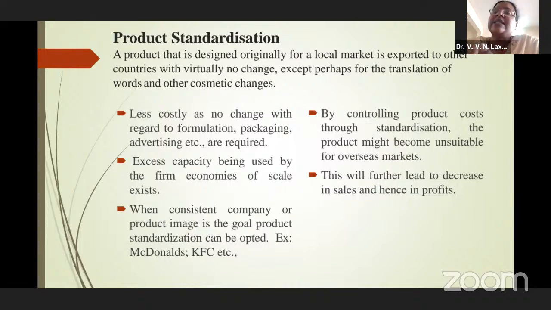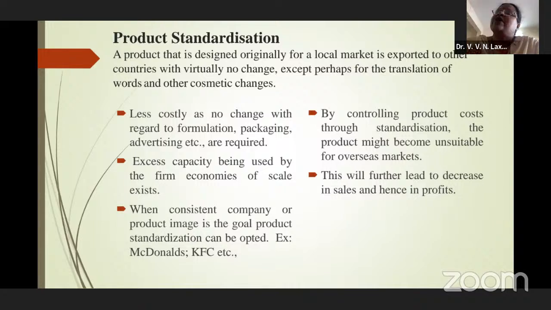So always there will be an option or an alternative between whether a company should go for standardization or for adaptation. And this becomes more relevant and important in the international perspective, because the company in its home country has a product, let it be an innovative product or not.